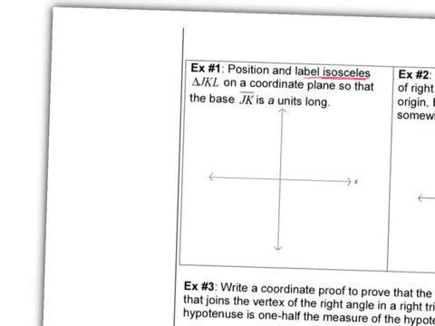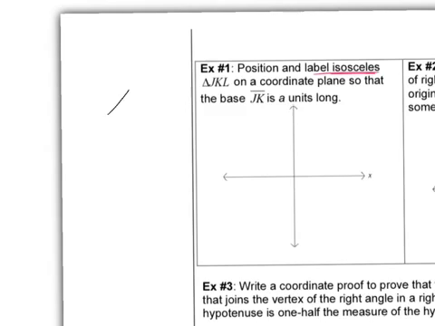Now, I know that in an isosceles triangle, if I bisect the angle up here, I get a perpendicular bisector to the base. So what I'm going to do is take advantage of the coordinate plane, knowing that this is already a perfect right angle, and I'm going to use that in this drawing here. Let me show you what I mean.